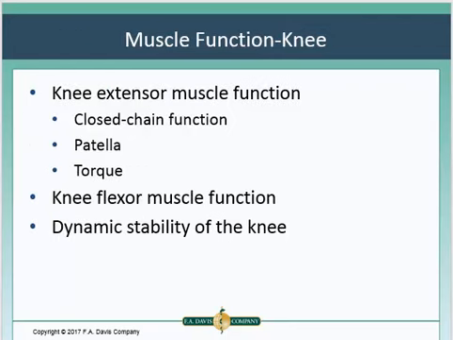Right, at the knee, you have muscle function in both open and closed chain. So let's talk about the closed chain muscle function. The quadricep muscle controls how much knee flexion occurs by extending the knee when it contracts. The patella does provide a mechanical advantage.